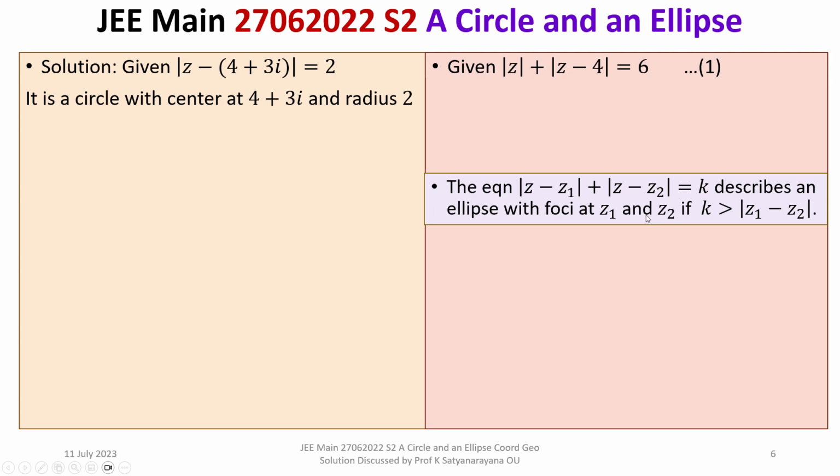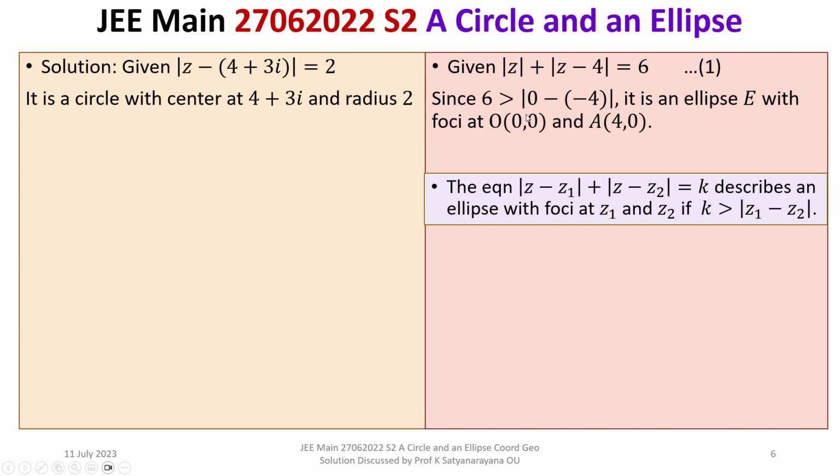Now, here k is equal to 6, z1 is equal to 0, z2 is equal to 4. You notice that 6 is greater than mod of 0 minus 4, that is, 6 is greater than 4.